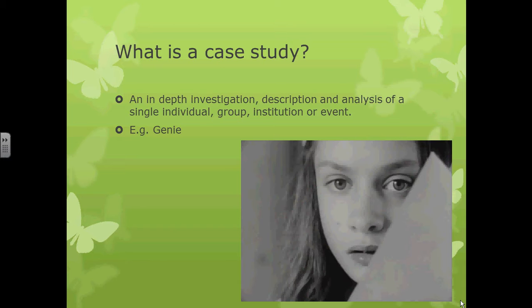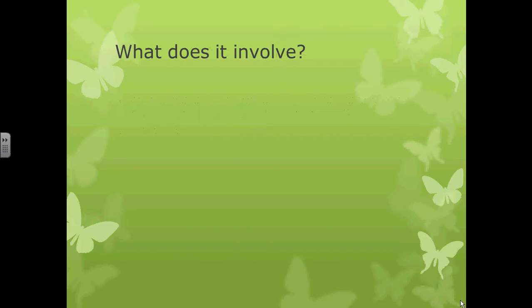So it's an in-depth investigation of a particular individual. It might be of a group, if you're looking at something more like group dynamics or a social psychology thing, or an event or an institution. So it can be any, as long as it's an in-depth investigation, description and analysis.